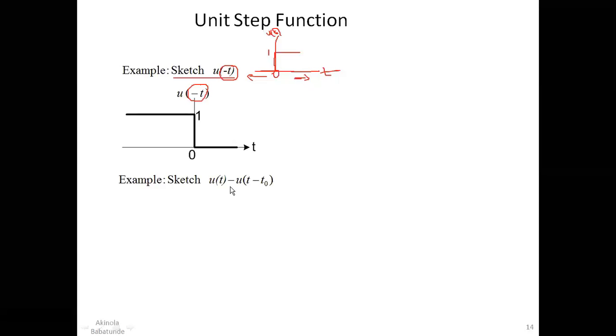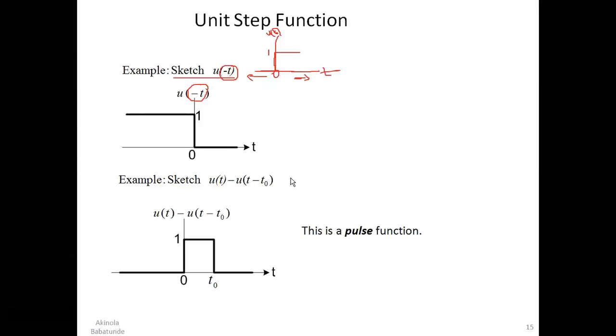What about u of t minus u of t minus t naught? In that case, what do you have? Well, first of all, this is u of t, and then again, we want to find u of t minus t naught. If this is u of t going this way, and we have our t naught somewhere here, let's say this is our t naught. So u of t minus t naught.